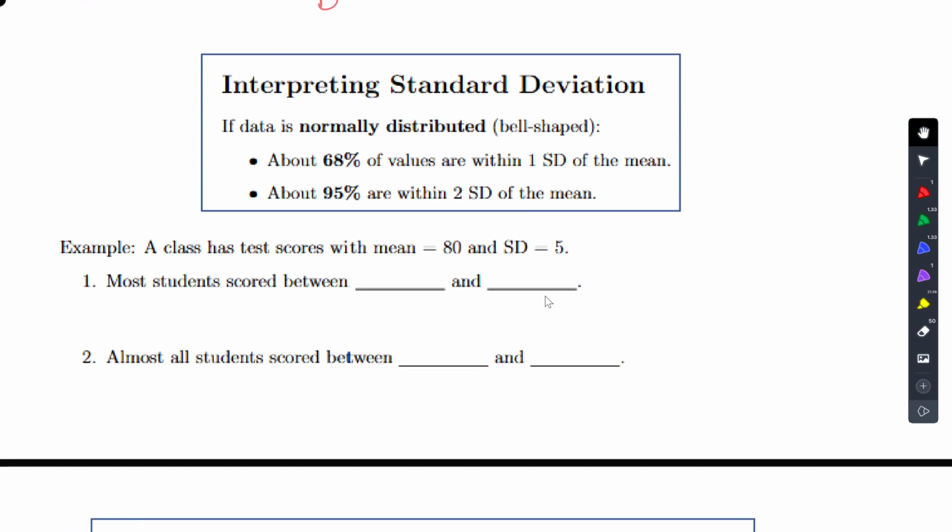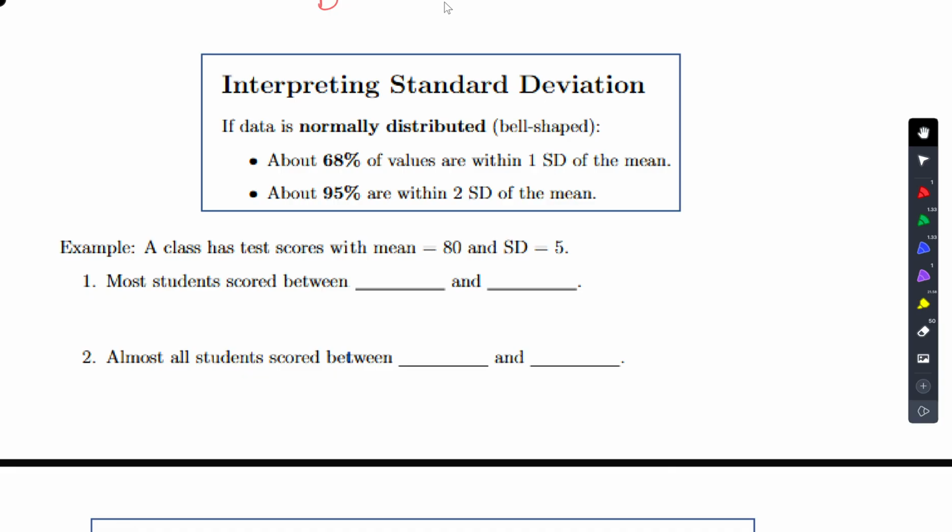Okay. Even more specifically, if the data is normally distributed, which means it's a bell shape, that's usually how grades are calculated in university, by a bell curve. You'll hear that. It's a very popular statistics way to disperse data.